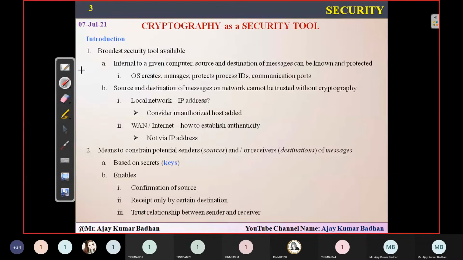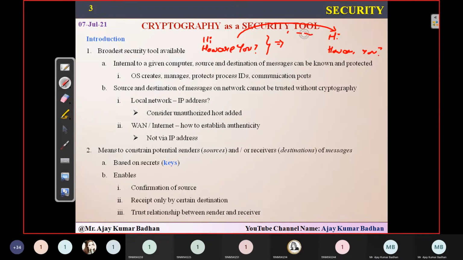What exactly does cryptography mean? In simple terms, suppose I am sending the message "hi, how are you?" Let us suppose you are transmitting this on WhatsApp to your friend. Your destination, whoever the friend is, will get the same message, "hi, how are you?" Whatever you transmitted has been delivered to the destination.